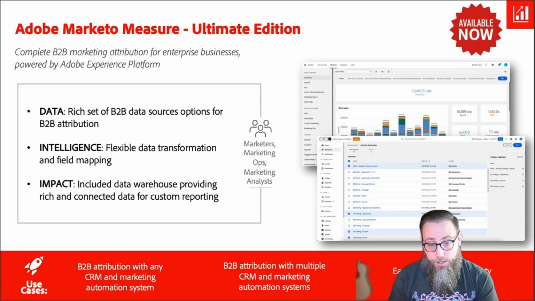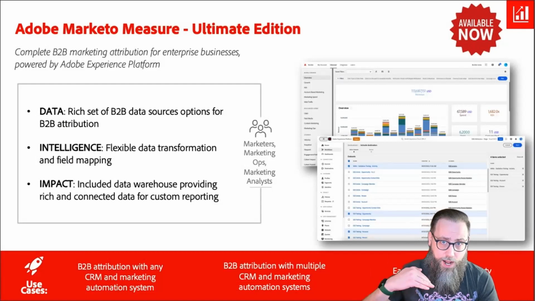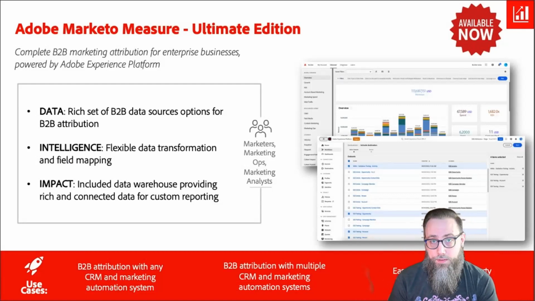And what the AI here is going to do is recommend how you should weight the various touch points in your own model, which is really great for helping marketers and businesses understand what are the things we need to do more of and less of. And that's really the whole point of attribution in the first place.